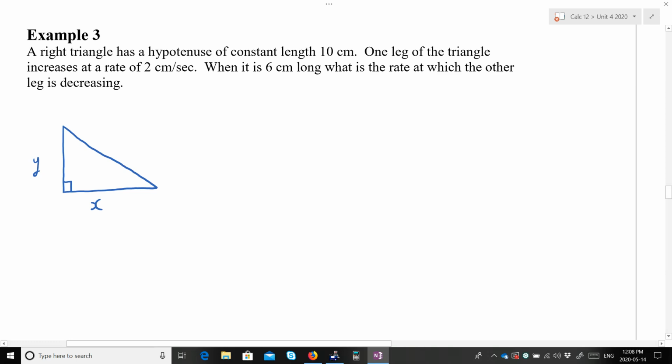It has a hypotenuse of constant length 10 centimeters. And let's do our find when given thing.